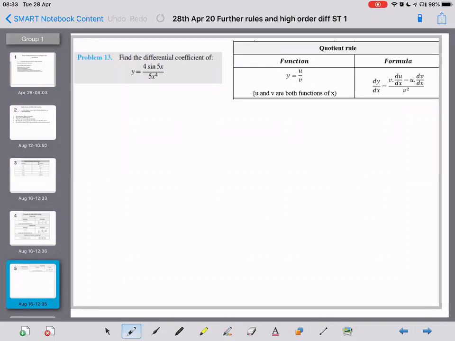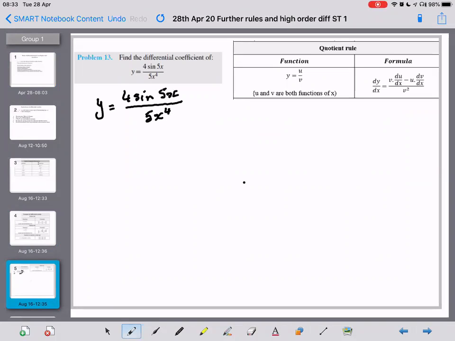All right, so quotient rule. This is where we've got one function of x. So we've got y is equal to one function of x on the top, 4 sine 5x, and then the denominator is another function of x, in this case 5x to the power of 4.